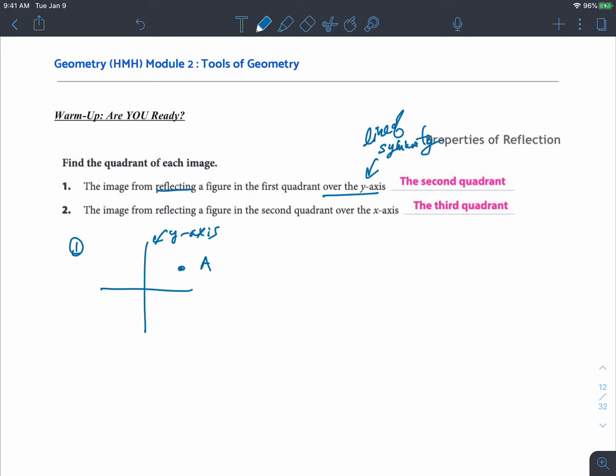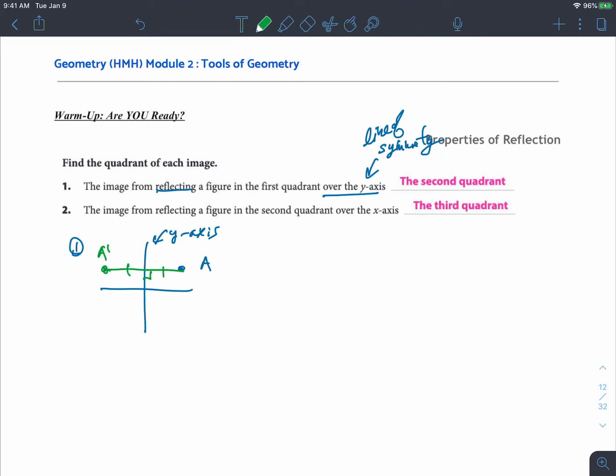It's like folding a paper along this line, guys. When you do that, there should be an image that's perpendicular and on the opposite side like this. That will give you, let's choose a different color, A prime. It should be perpendicular and the distance should be the same. And that yields the second quadrant.